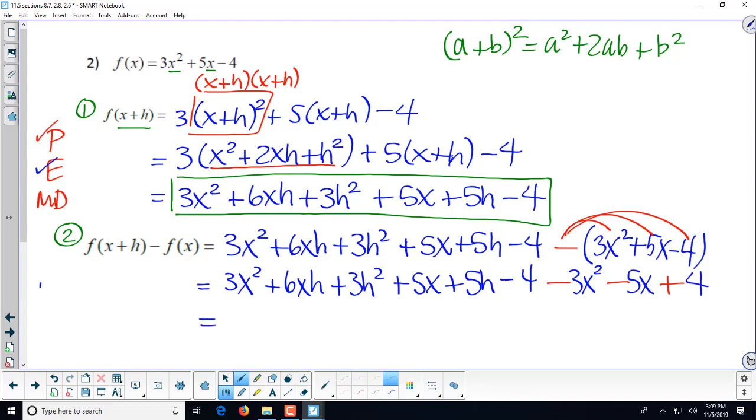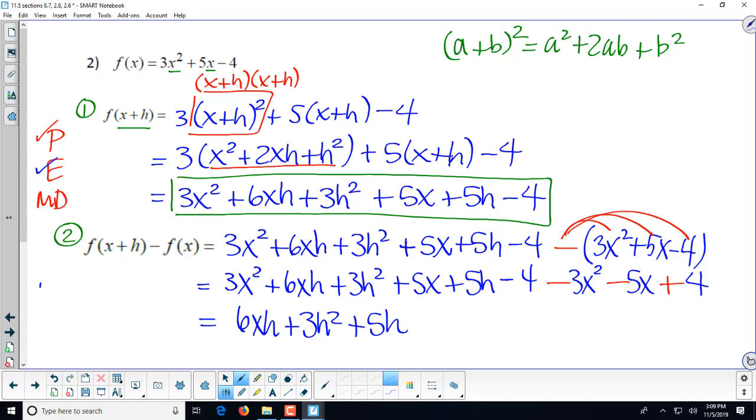And then combine like terms. 6xh plus 3h squared plus 5h. Can you take an h out of that, though?